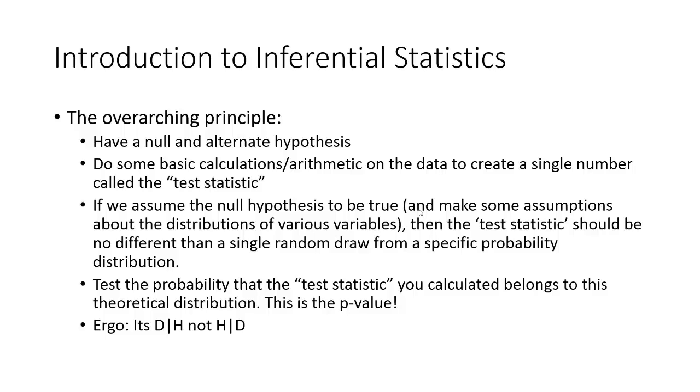Therefore, the null hypothesis perhaps was not true, and I'm going to reject the null hypothesis. Or in some cases, the test statistic that you get looks like it does belong to this specific distribution, and therefore you cannot really say anything. You just have no grounds for rejecting the null hypothesis. You can just say I fail to reject the null hypothesis.